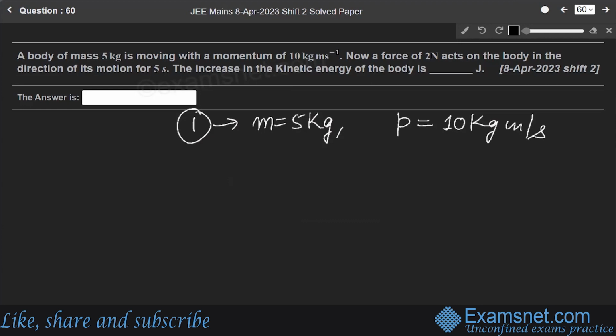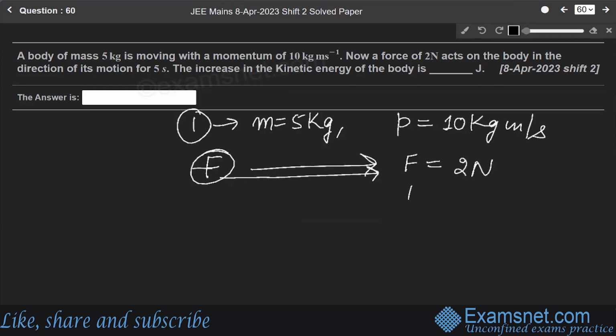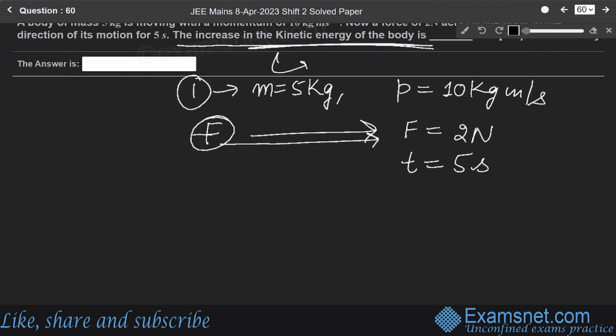Now a force of 2 Newton acts on the body in the direction of its motion for 5 seconds. Suppose the body is moving in this direction, we have applied a force in this direction only, and the force is 2 Newton and it is acting for a time of 5 seconds. We have to find the increase in the kinetic energy of the body. Okay, this question is from the chapter kinematics.